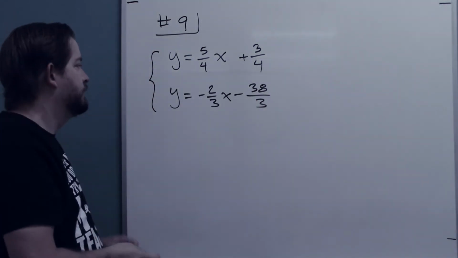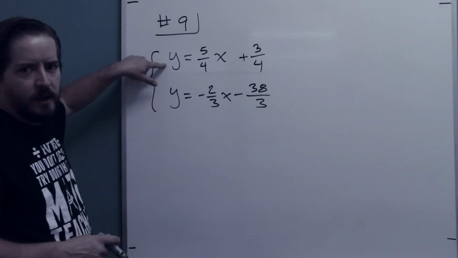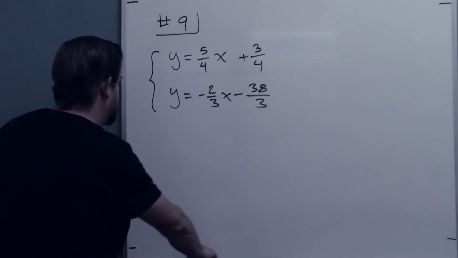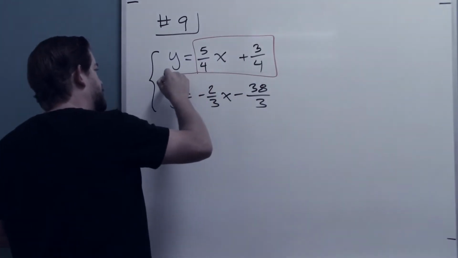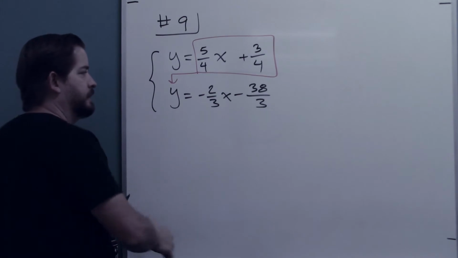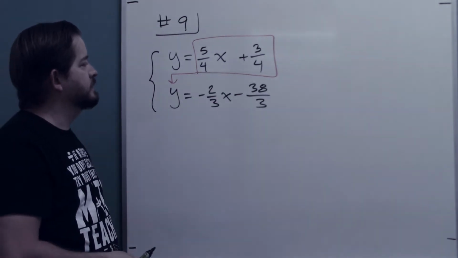Okay. So it's pretty easy to say, well, I've already got a y isolated here, so I can take this y equals all of this expression and replace the other y, right? So it's really just the right-hand side of this equals the right-hand side of this, right?